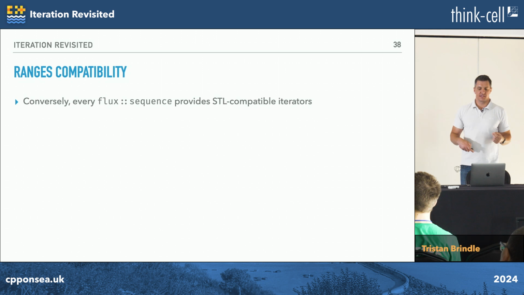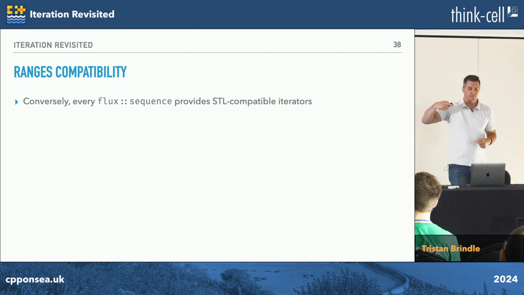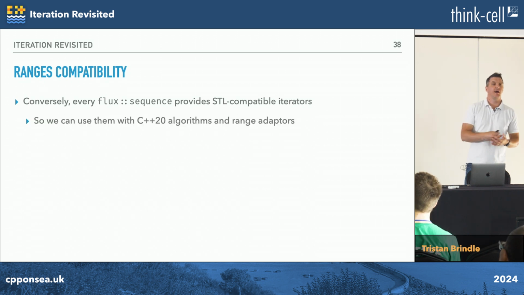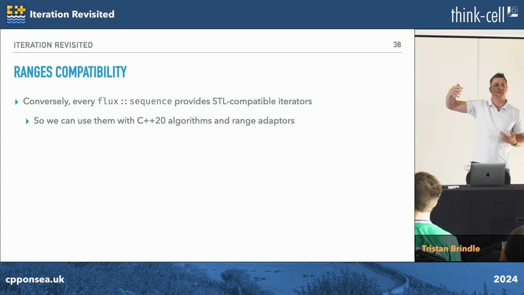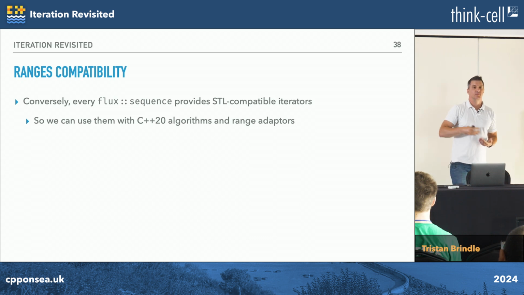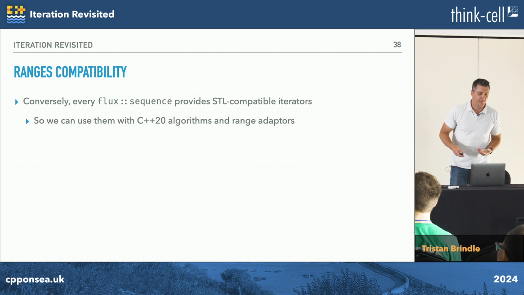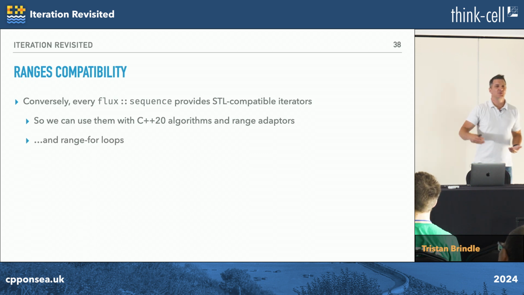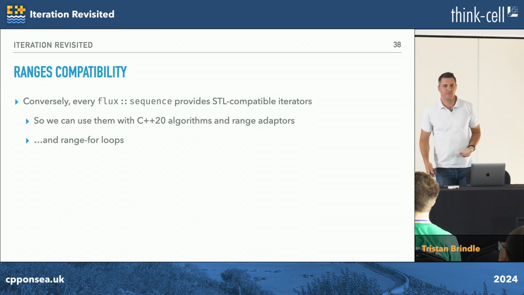We provide STL-compatible begin and end functions that return an iterator and sentinel, meaning that if you have a Flux sequence, particularly some adapted sequence that you've built up, you can call C++20 algorithms. You can even use C++20 range adapters if you really want to. In particular, it means you can use Flux sequences with range for loops in the language, which is really nice.